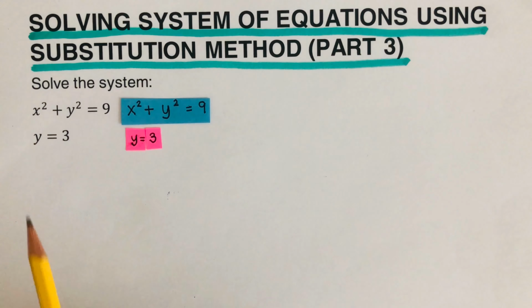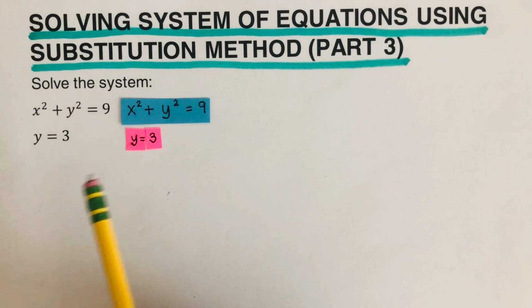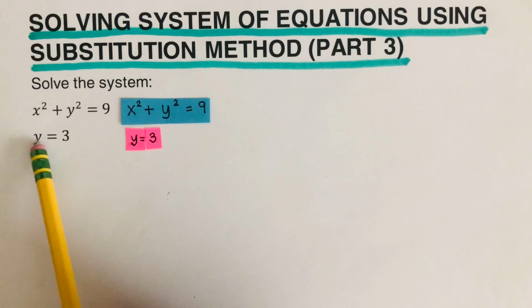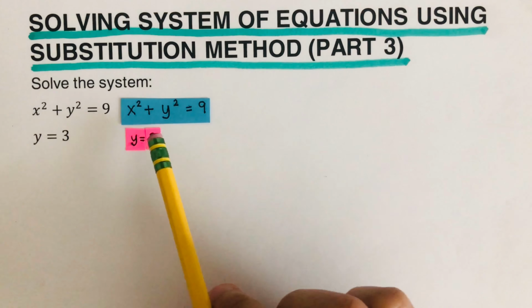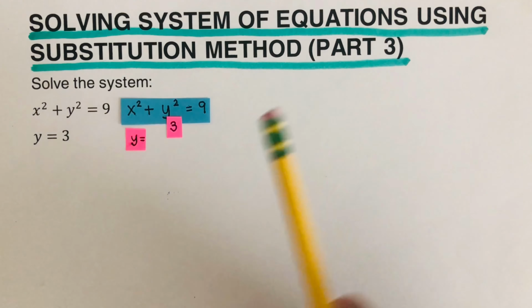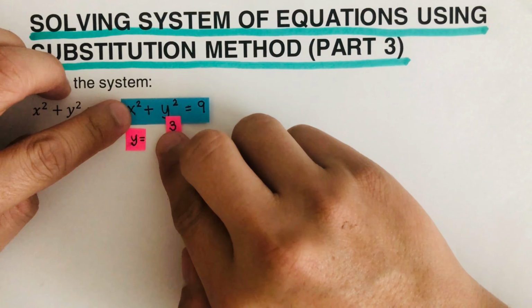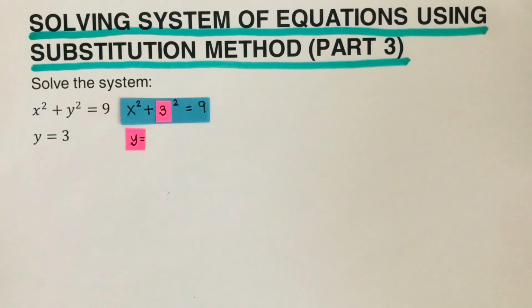If we look at the equation here, y is already isolated by itself. So I will take this y and 3 apart, remembering that y was equal to 3, and plug this 3 into the y of the first equation.